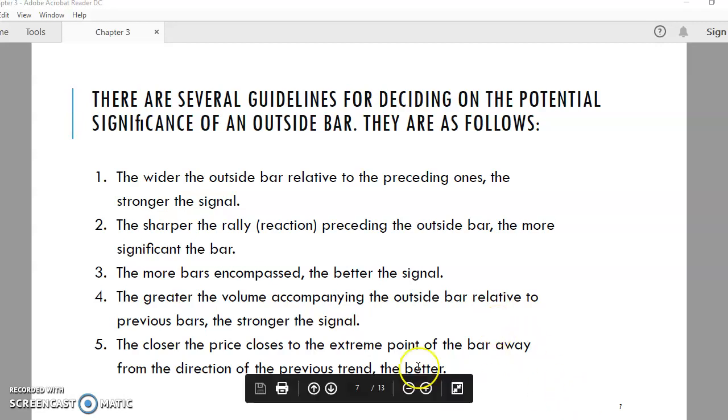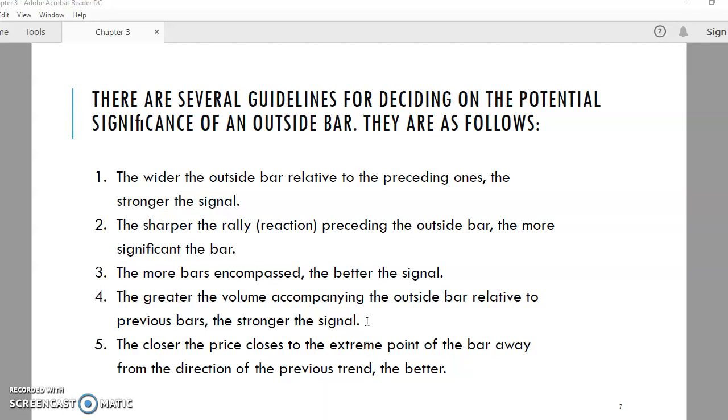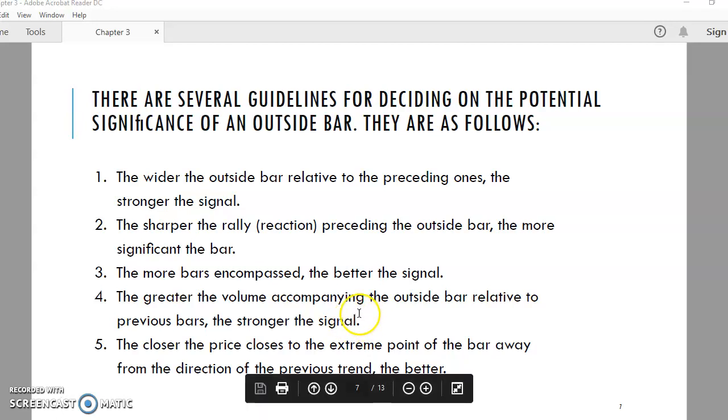If you remember the Dow theory, one of the principles is that volume must confirm the trend. So whenever you see those formations and the volume is high compared to the previous one, it shows a stronger signal. Then, the closer the close is to the extreme point of the bar away from the direction of the previous trend, the better.